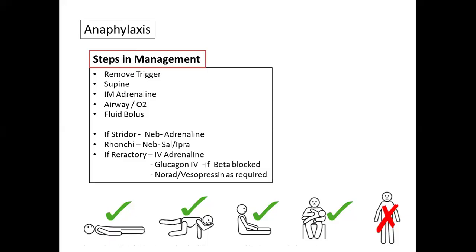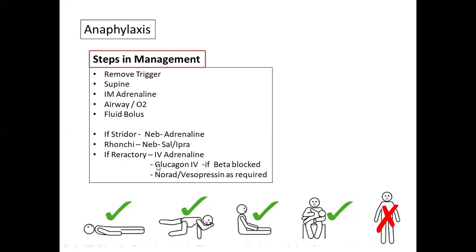And 10 minutes later, after the second dose of adrenaline, if there is no response, now we have come to refractory anaphylaxis, right? So again, if there is no response to 2 doses of adrenaline, that is refractory anaphylaxis.